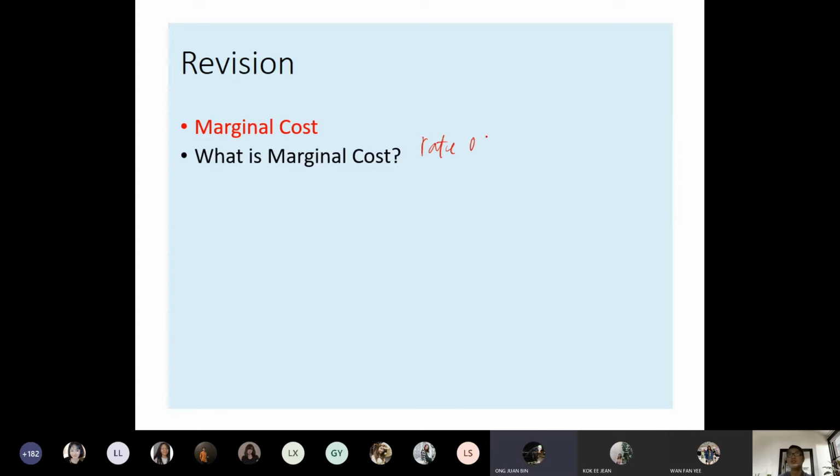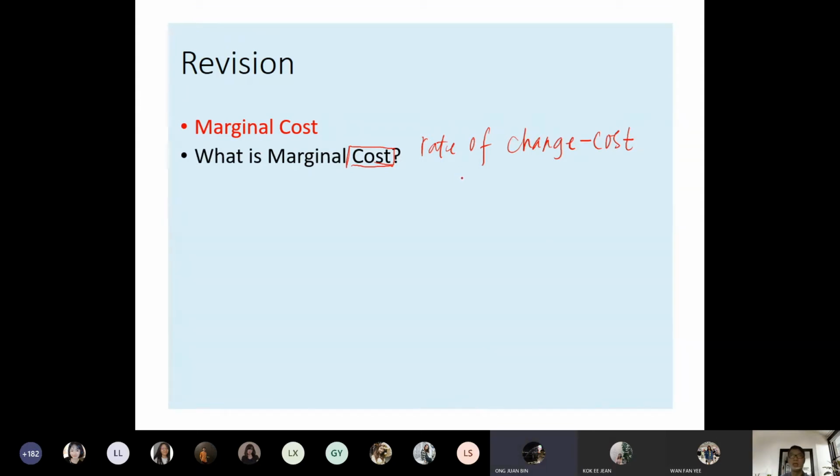Rate of change, good. Of what? Economic quantity, yes, but we are talking about marginal cost. So the rate of change of the total cost, yes, when the quantity is increased or decreased.